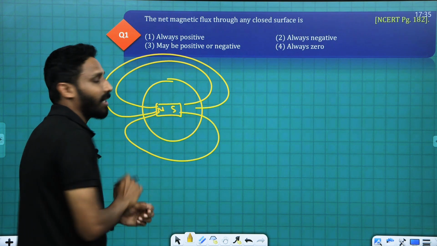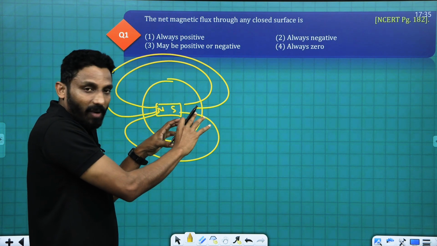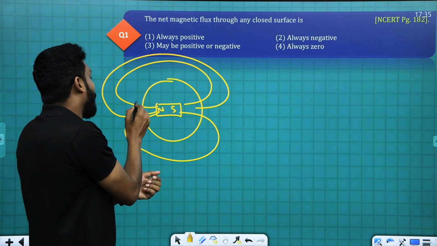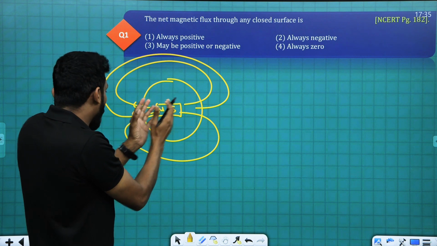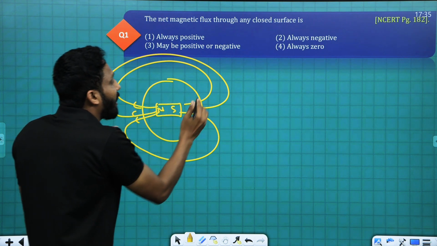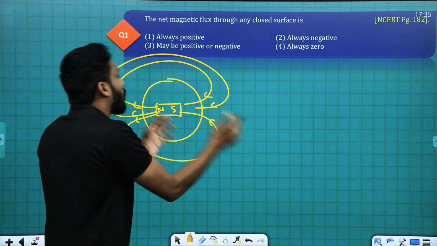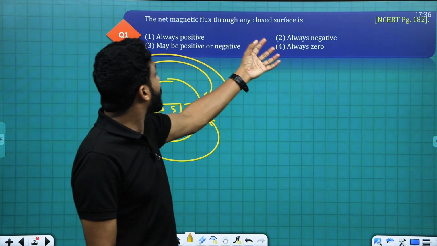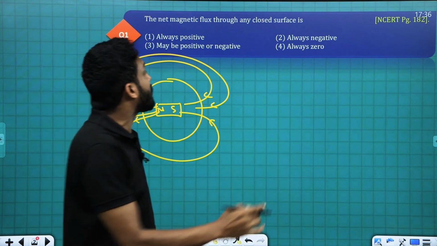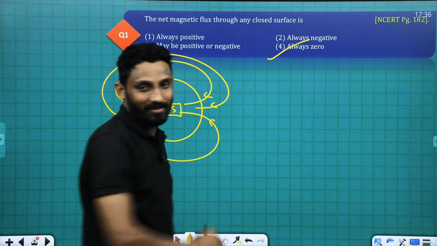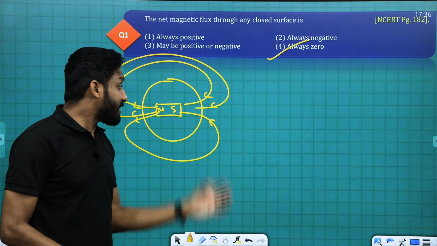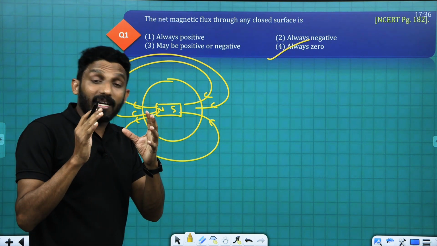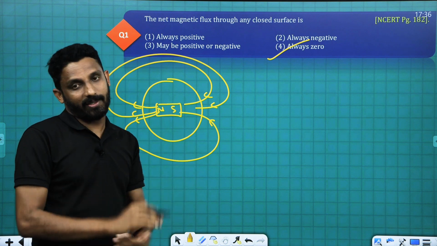In this way, the total magnetic flux of this closed surface is equal to 0. A certain number of field lines come out of the closed surface and that same number enter into it, so the total magnetic flux of any closed surface will always be 0. Simple. But this may not be the case for electric field lines or electric flux.